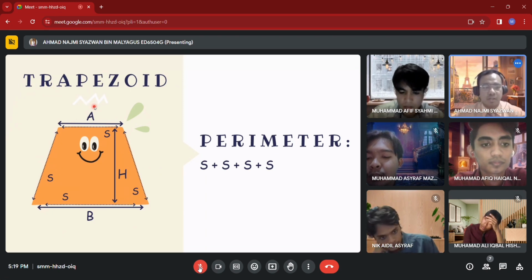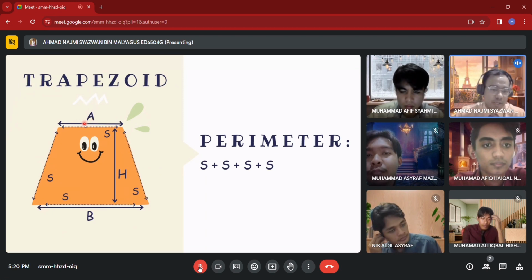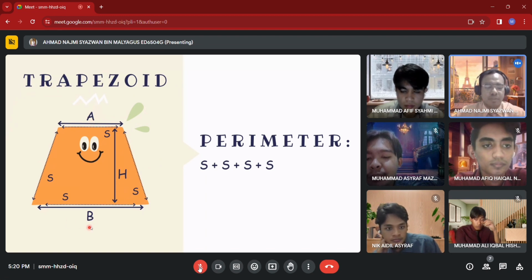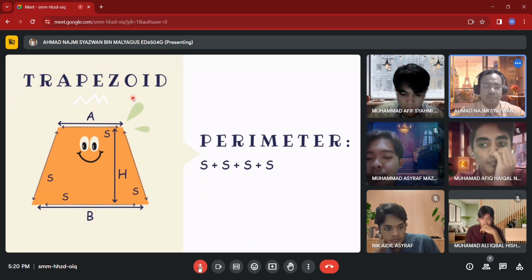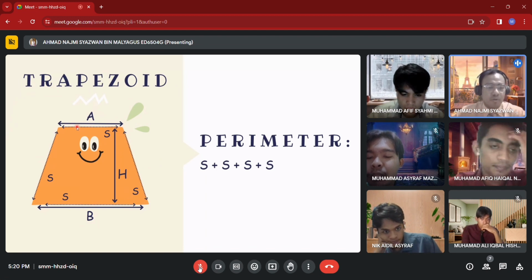As you can see, S for A on the upper and S for B on the lower will not be the same since it is a trapezoid. Okay, so the perimeter is still the same. All four sides are added together in order to find the perimeter of a trapezoid.